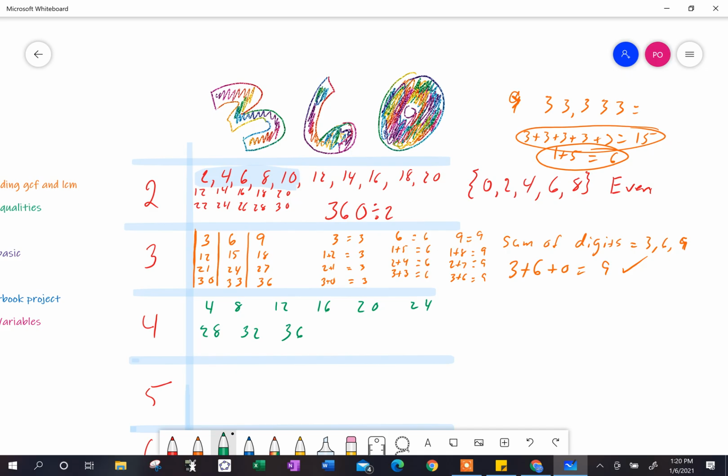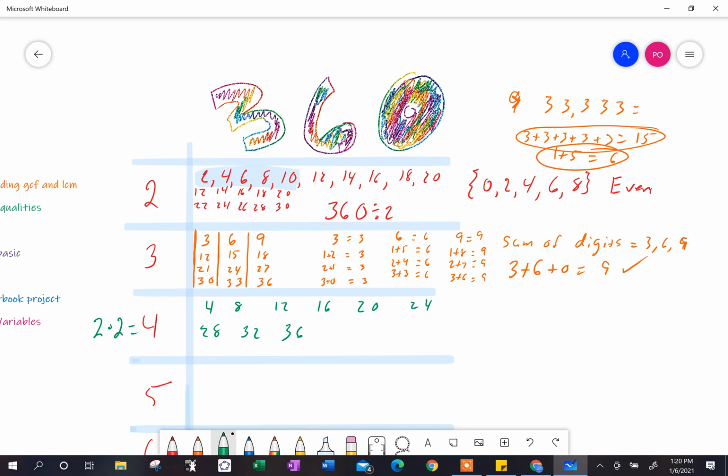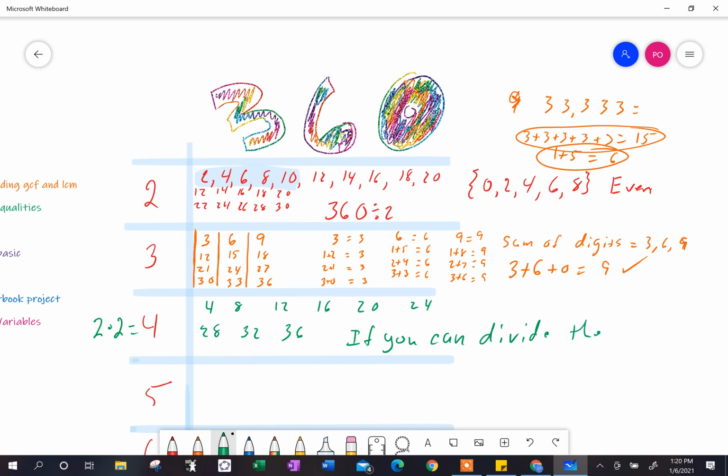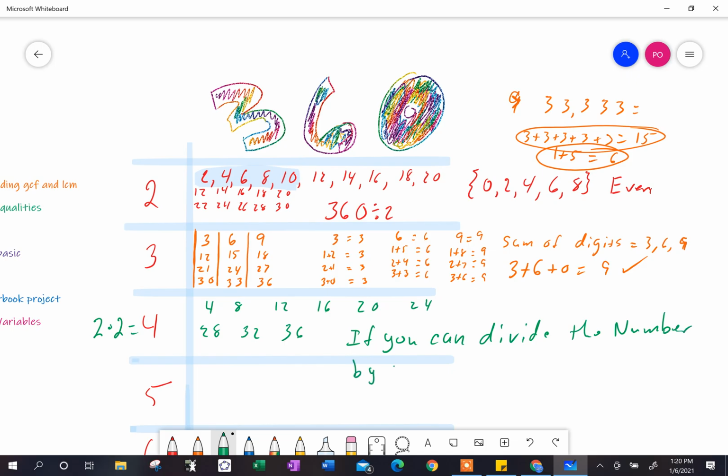This one's not as obvious, but I want you to realize that 4 is really 2 times 2. So if you can divide the number by 2 twice, you can divide it by 4.